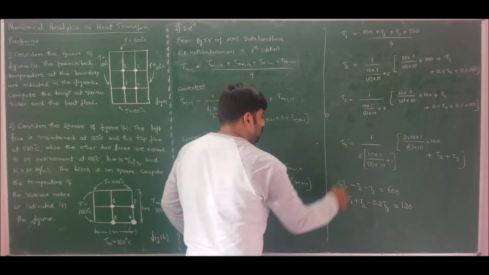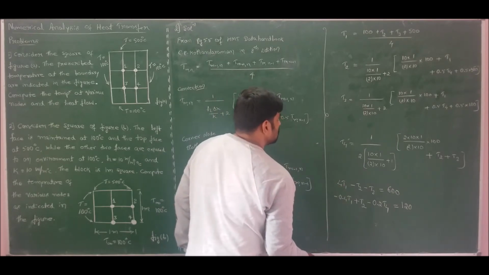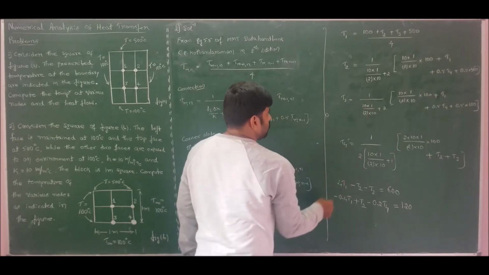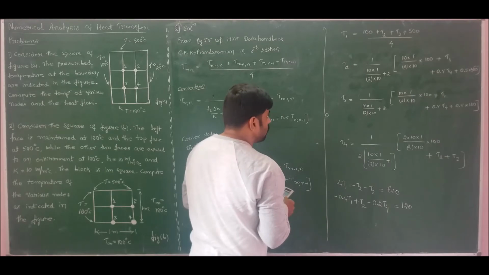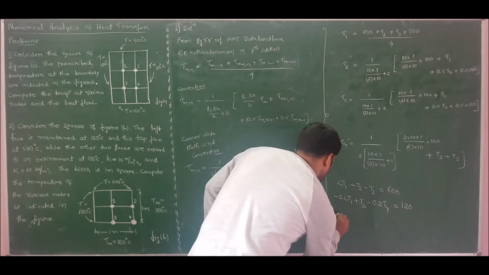Next, coming to the third expression, we have 2.5, 1 by 2.5 is 0.4, so minus 0.4 T1.